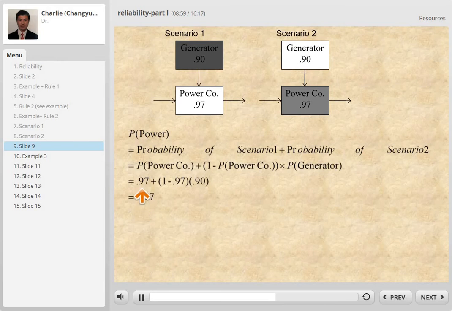This is scenario 1, this is scenario 2. Formally, we write it this way. This is the probability of scenario 1, which is P(power line), and this part is the probability of scenario 2, which is 1 minus P(power line) times P(generator).